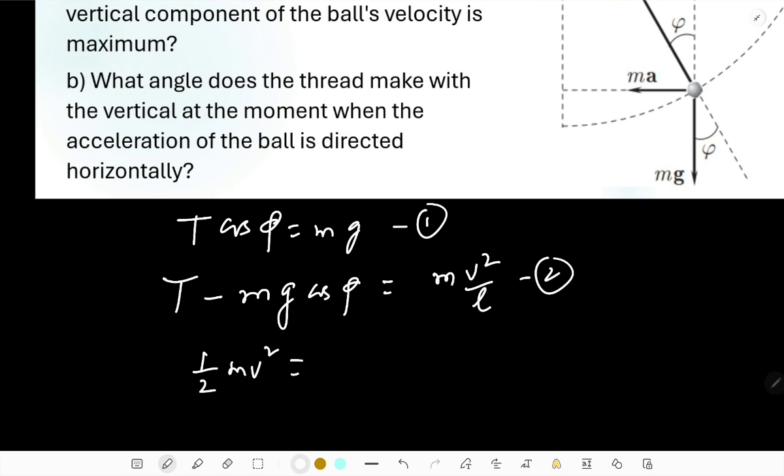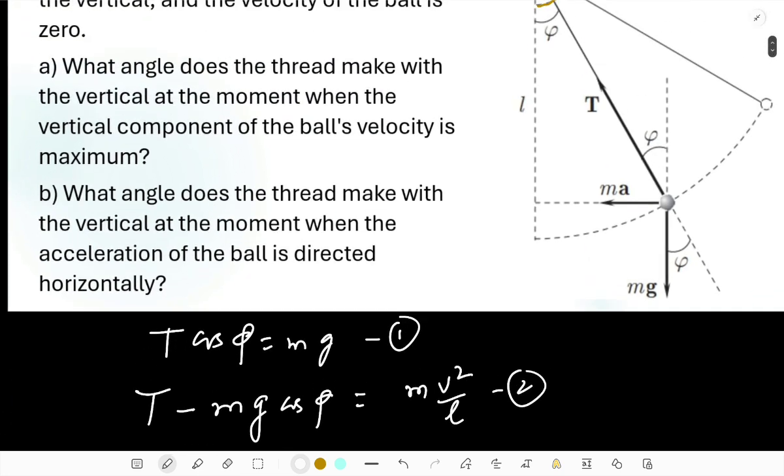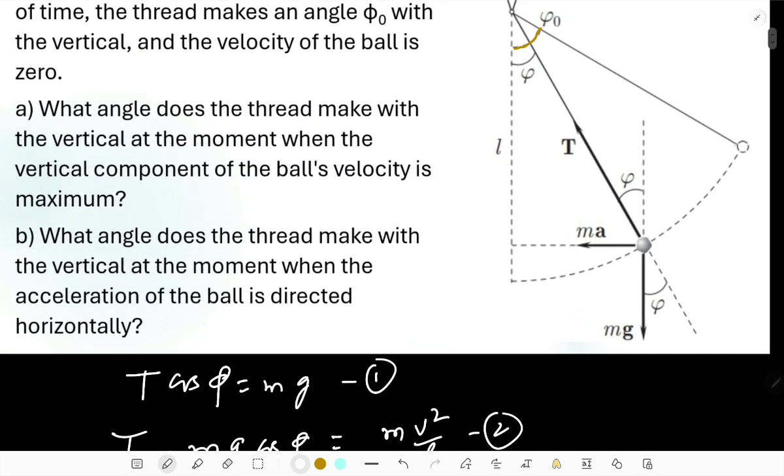So the amount of potential energy lost is, if you can see, this height initially was L cos phi naught, and now the height is L cos phi. So what is the loss?